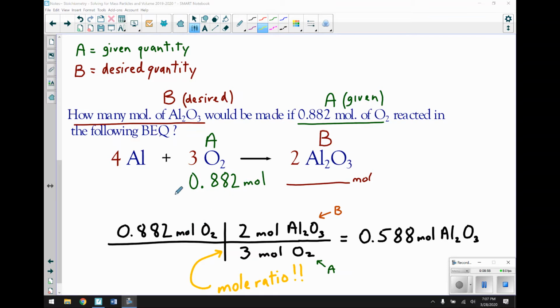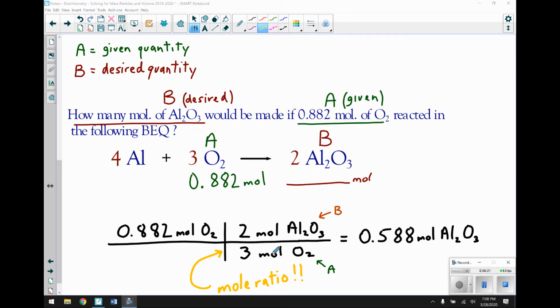Then, well, I already have moles of A, so I don't need to convert to moles of A. I'm going to start with that. The step after moles of A, you apply the mole ratio. Notice that the mole ratio is the coefficient of B over the coefficient of A from the balanced equation. That's our mole ratio.